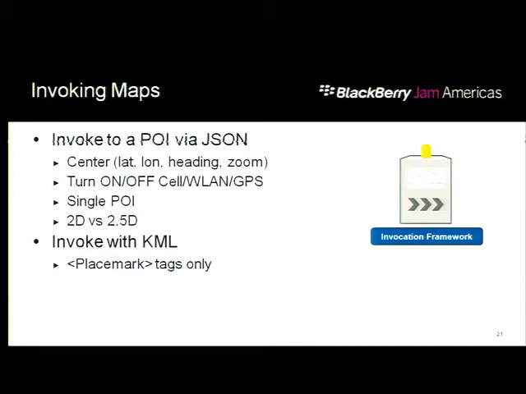It gives you things like you can set the center, you can turn on or off specific location methods. However, you can only do a single point while you're invoking to a POI via JSON. And you can also set whether the view of the map, when it's invoked with that coordinate, should be 2D versus 2.5D.